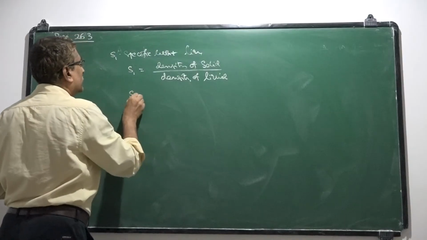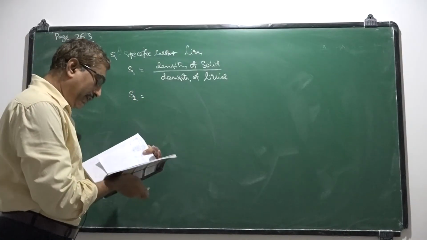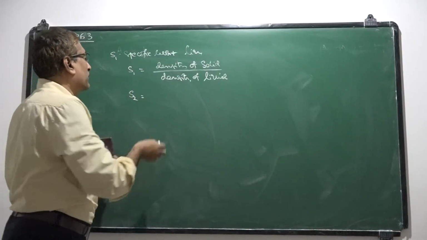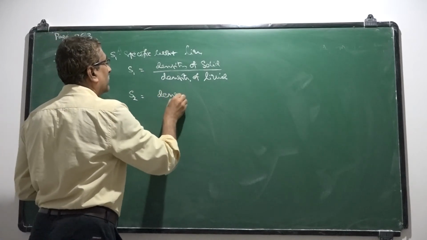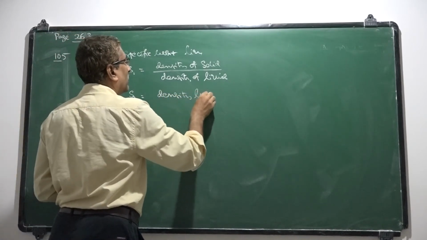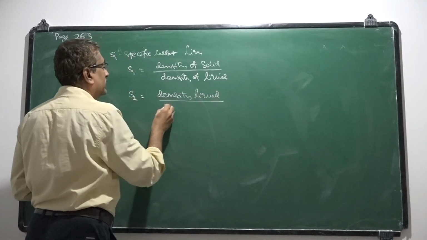Here S2 is the specific gravity of the liquid with respect to water, so it is density of liquid by density of water.